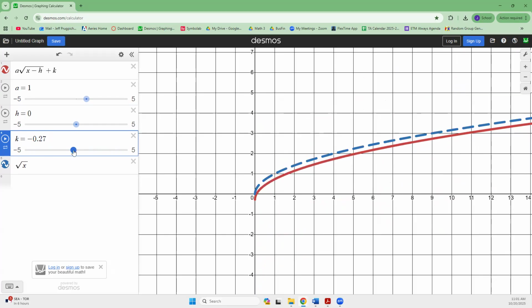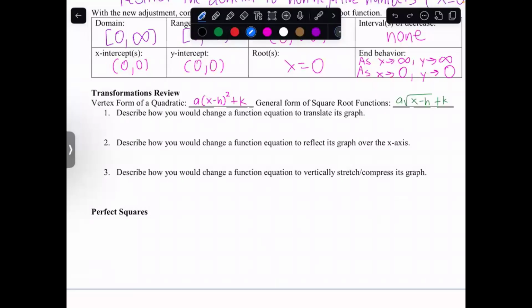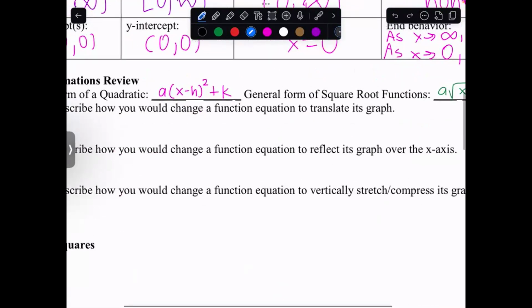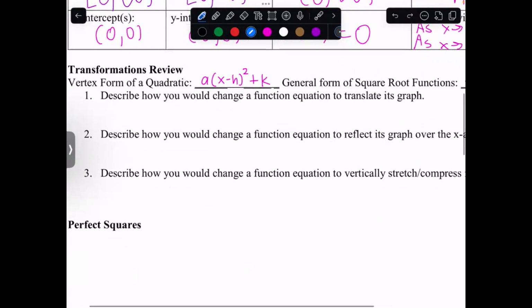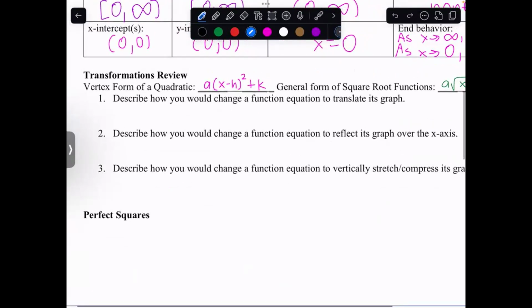All right, so let's go ahead and write down our summary of those things. Let me switch back. Okay, so first, to translate the graph, h is the horizontal translation.